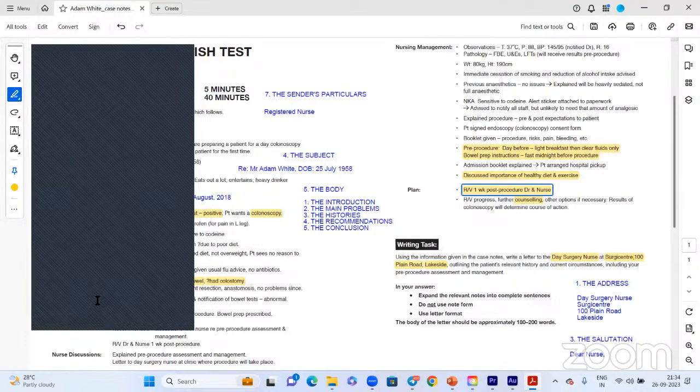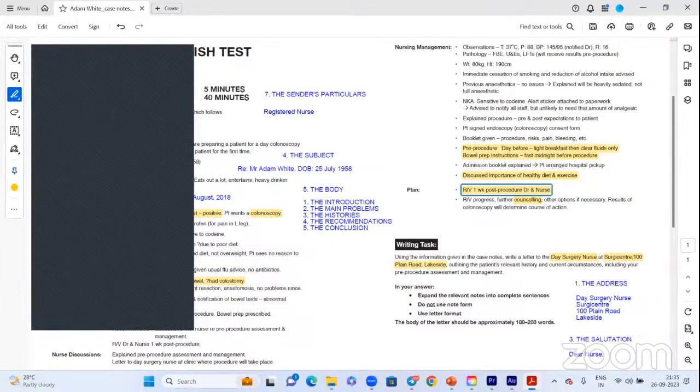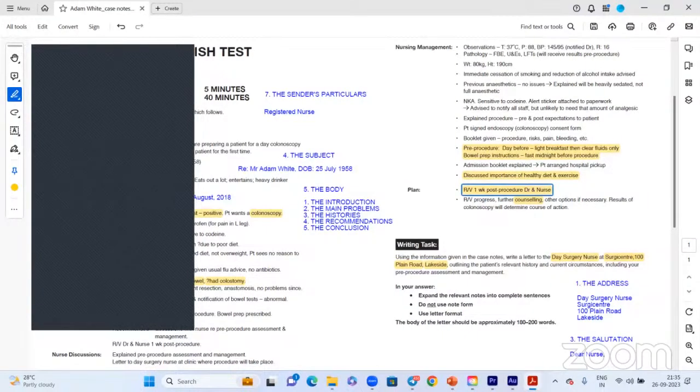Give your feedback in 1 or 2 sentences. What new things did you learn? 2 minutes, I'll wait. What new things did you learn today? How beneficial was this session to you?